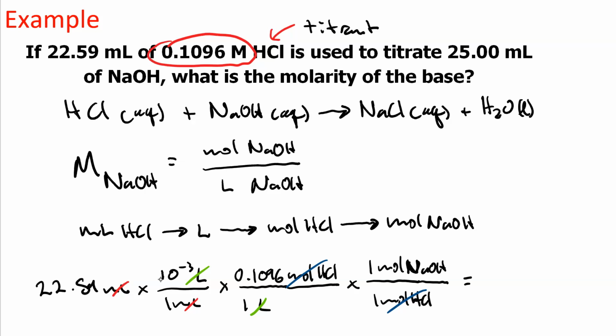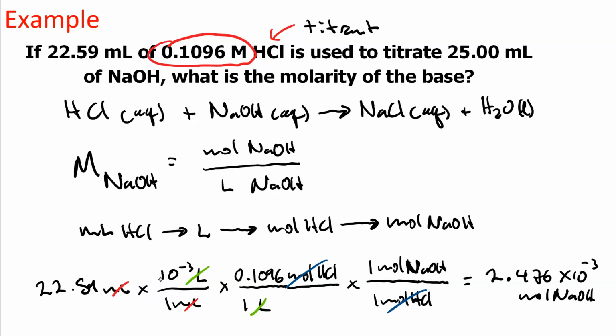And we'll quickly plug this into our calculator. And we get 2.476 times 10 to the negative 3 moles of NaOH.